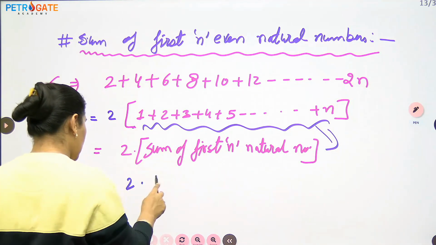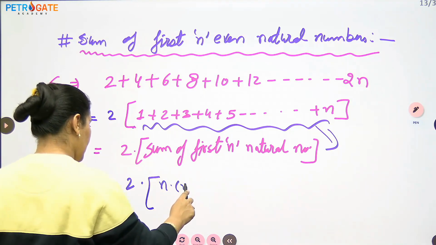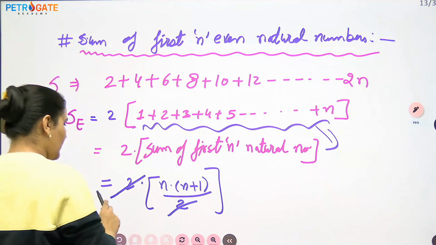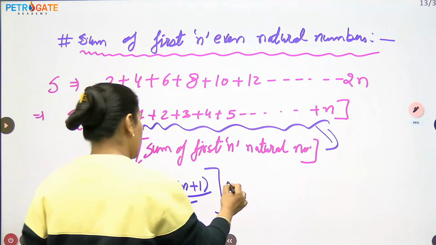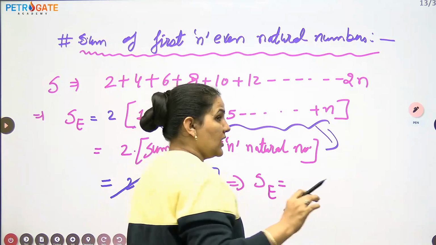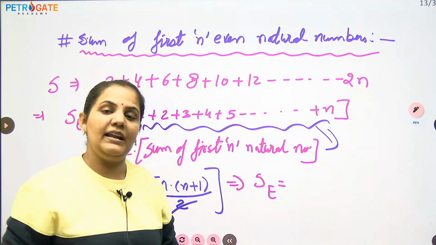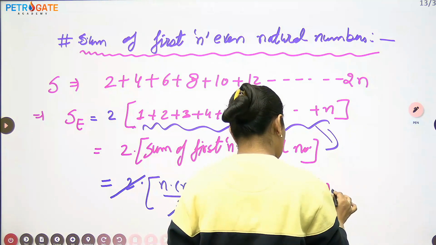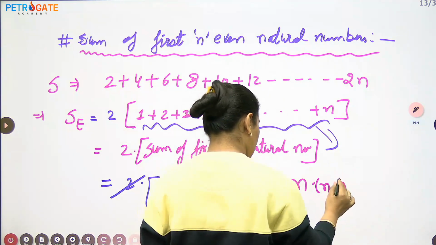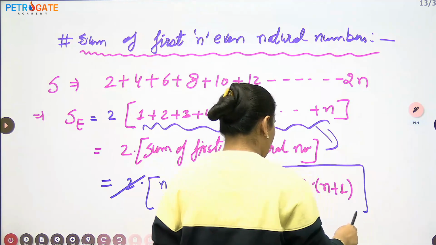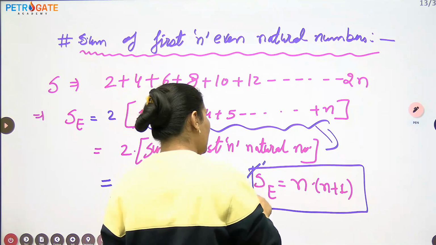So with the 2 outside, it will be 2 into n into n plus 1 by 2. The 2 and 2 will be cancelled out. Hence my result, the sum of first n even natural numbers, will be n into n plus 1. Is it clear, my dear students? N into n plus 1. It should be clear in your mind because we are dealing with it in the easiest manner.